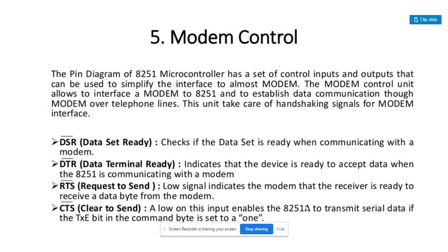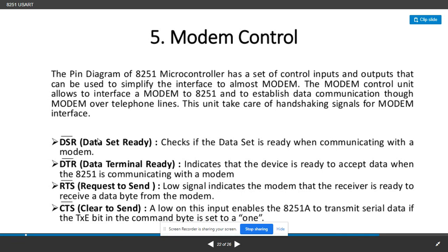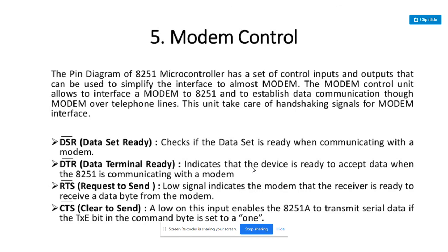So what are these signals? These signals are data set ready, which checks if the data set is ready when communicating with the modem. One is called data terminal ready, which indicates that the device is ready to accept the data when the 8251 is communicating with the modem. One is called request to send.